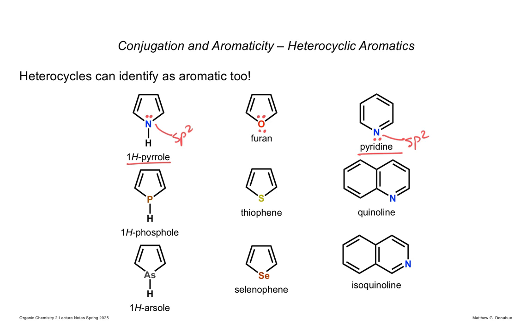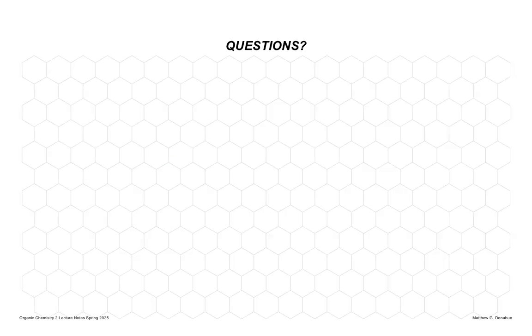To further confound this issue, even though nitrogen's sp2 in both cases, the lone pair I've drawn for each resides in different orbitals in those two compounds. Any questions?